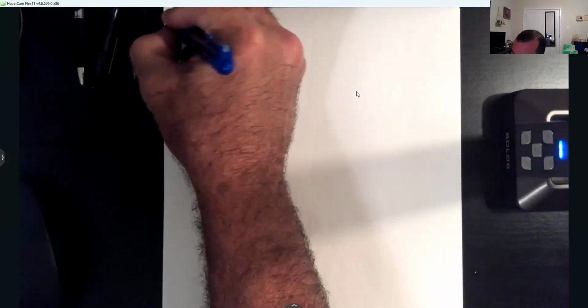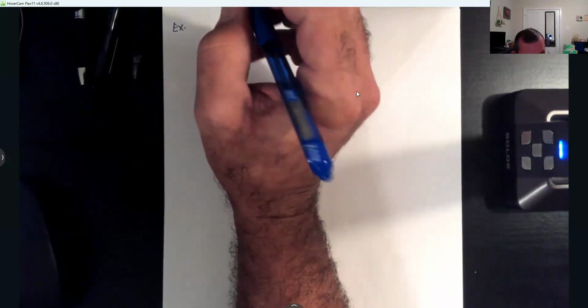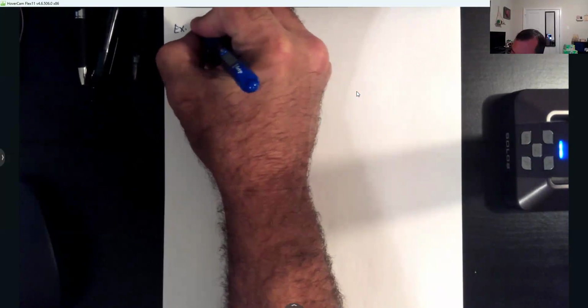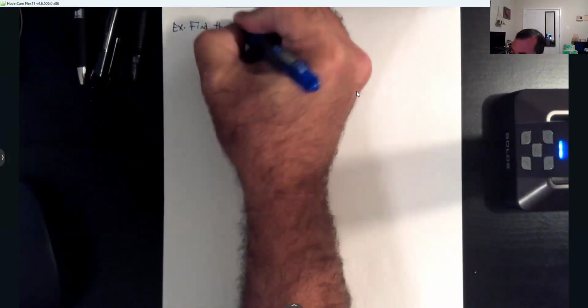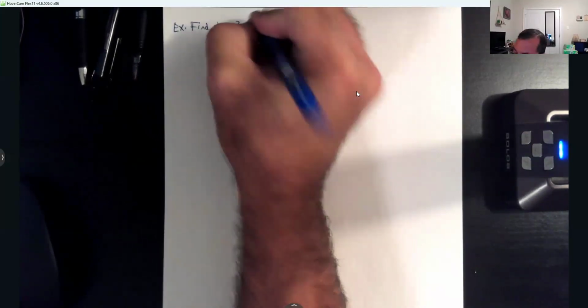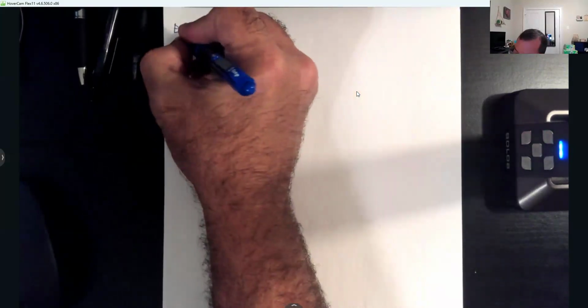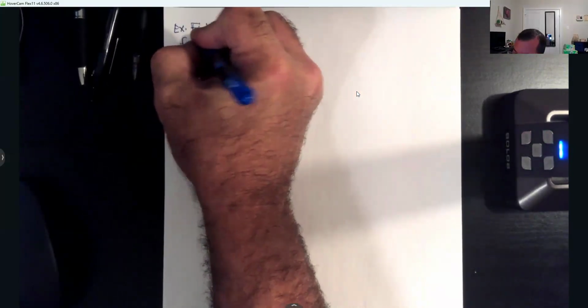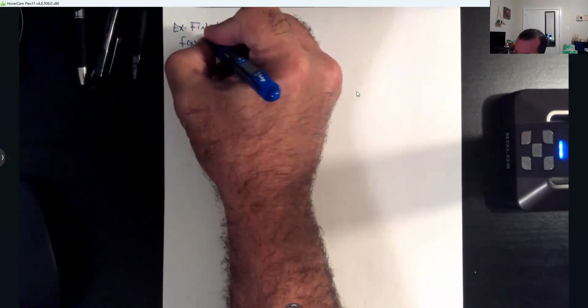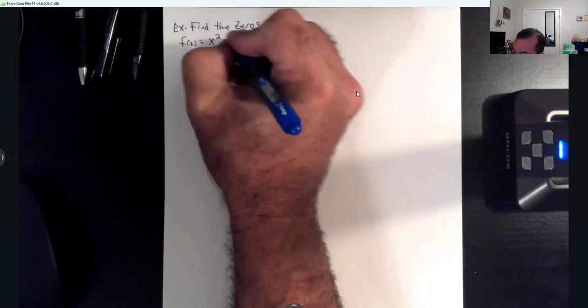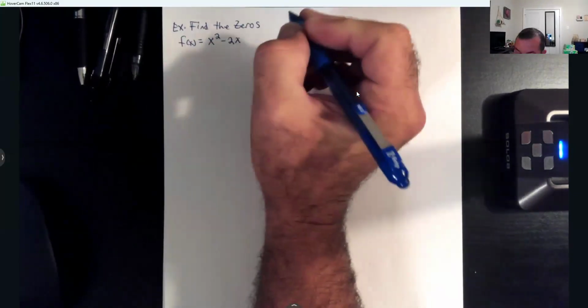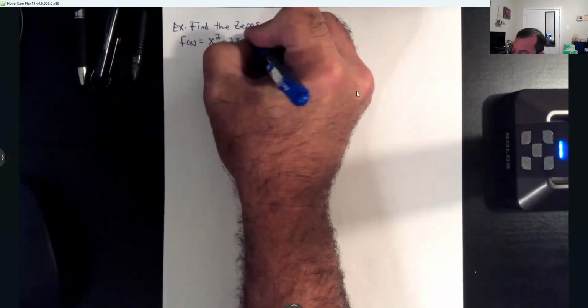In these examples, we'll say the same thing. They'll say find the zeros. And they're giving me f of x equals x squared minus 2x minus 4.